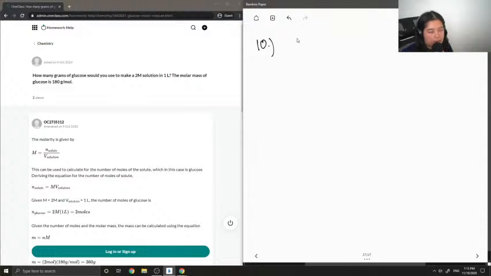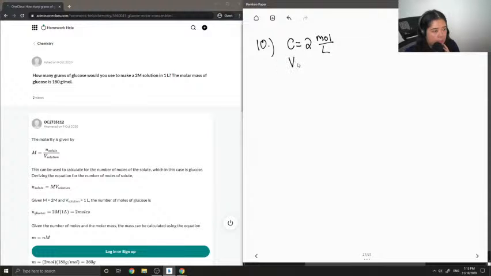Okay, so first I am going to write down everything that is given in the equation. So they gave us the concentration of the glucose solution, which is 2 moles per liter.